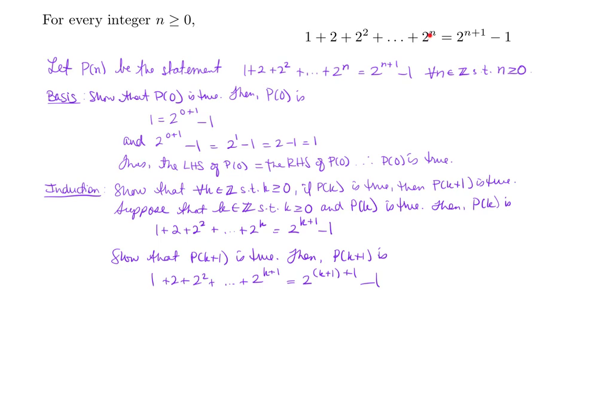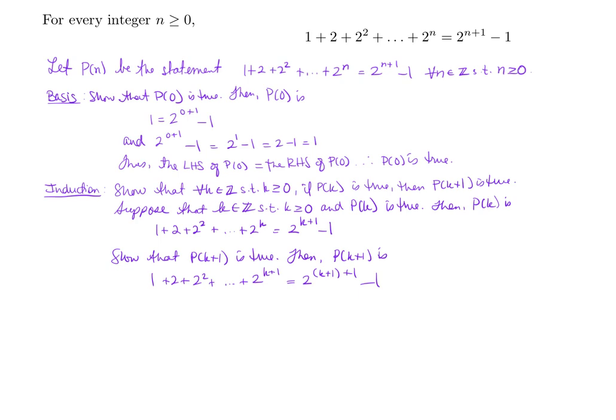Well, we had a 2 to the n, which becomes 2 to the k plus 1. But now when we look at 2 to the n plus 1, and we're replacing n with k plus 1, this is now k plus 1 plus another 1. And that's where we get this expression here, k plus 1 plus 1.